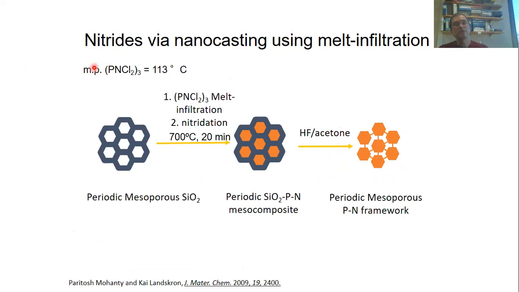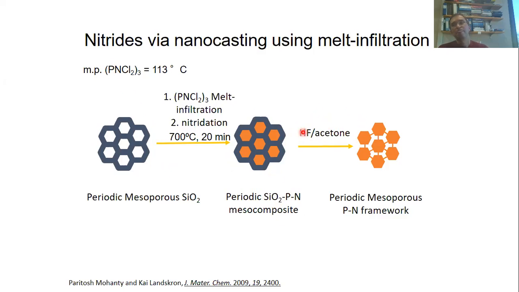So for instance, you can melt infiltrate hexachlorotriphosphazene into periodic mesoporous silicas, and then polymerize that hexachlorotriphosphazene to form phosphorus nitride. So this way you have produced a periodic silica phosphorus nitride mesocomposite, and then you can again remove the template using a suitable etching agent.